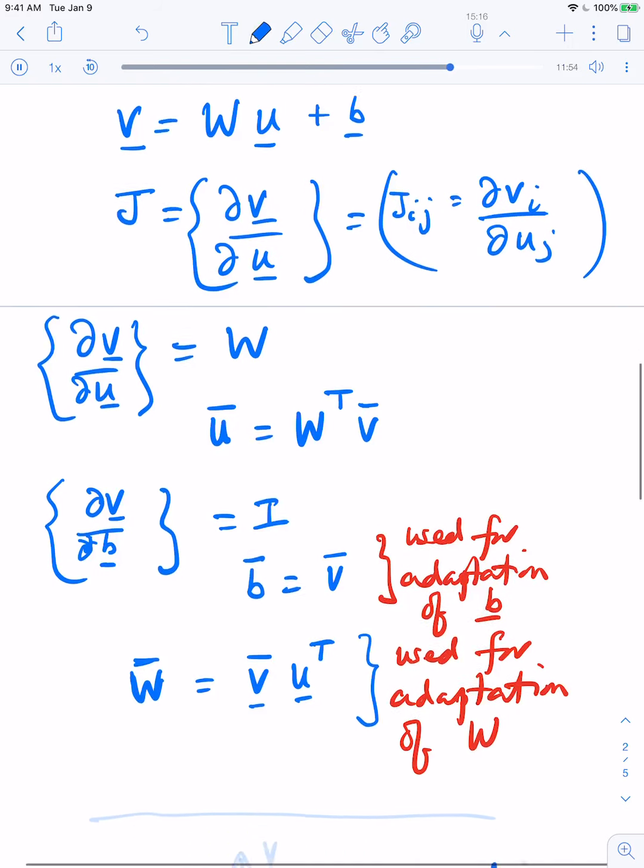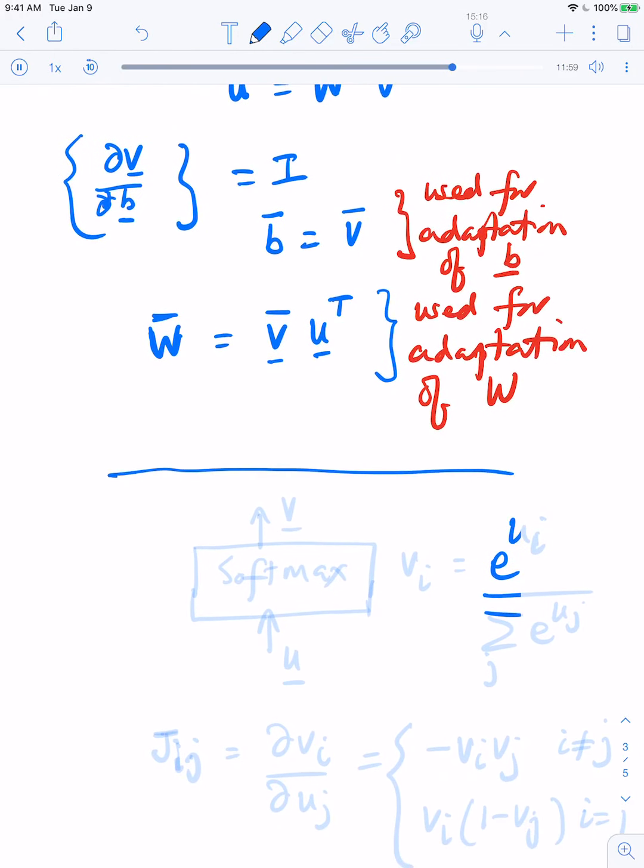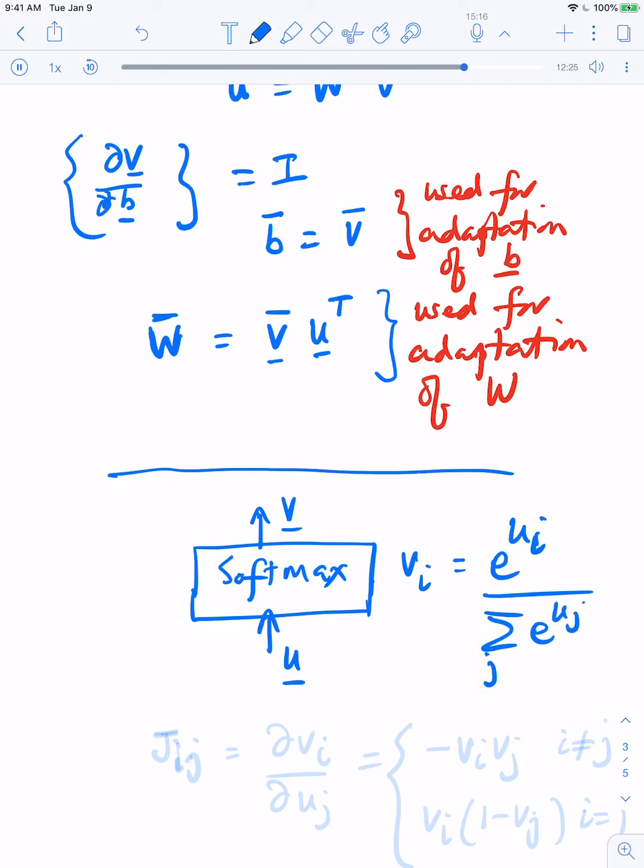Let's do one more example, a softmax layer. Again, I'm going to use the same generic notation. There's a vector U coming in, a vector V going out, and the softmax is that Vi is equal to e to the Ui divided by the summation over j of e to the Uj, and U and V have the same dimension.